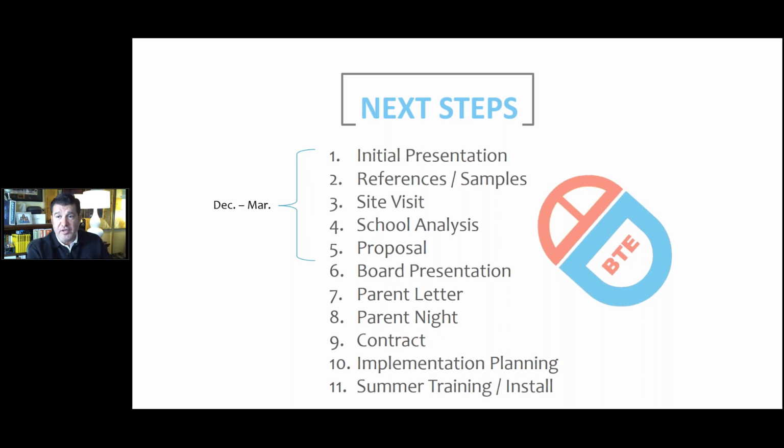We also want to make sure that we start analyzing your school, and the goal is to develop a model that's effective for you and helps you get to the next level. So that would be a proposal, and the proposal will have a timeline, that 4-year timeline, and it will have numbers, so you can start figuring out, is this financially possible, and if it isn't, how can we make it financially possible?